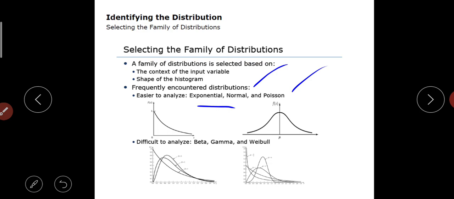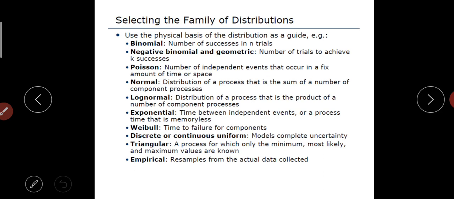These distributions we will use for solving problems, as they are frequently encountered in simulation systems. The different families of distributions are listed here, and we can select any one family of the distribution.